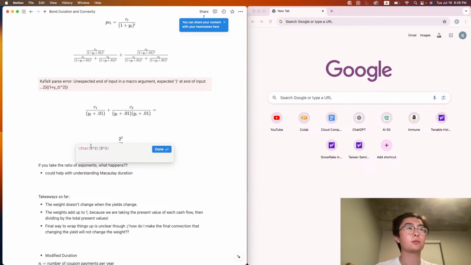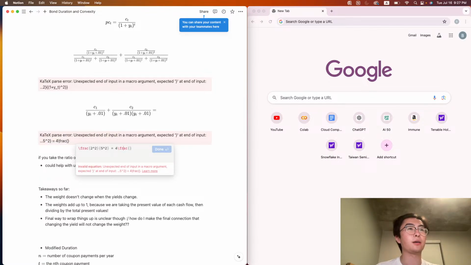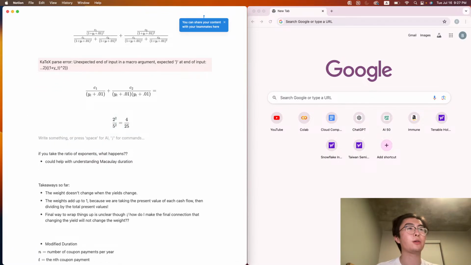So 2 squared is equal to 4, divided by 25. Okay, right?